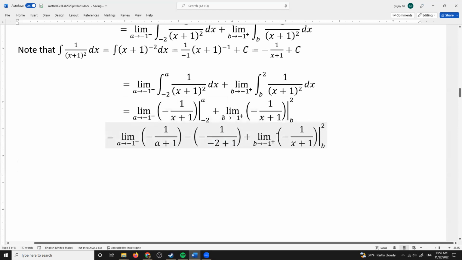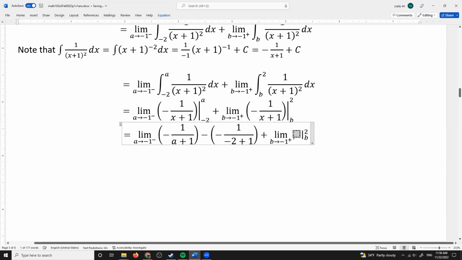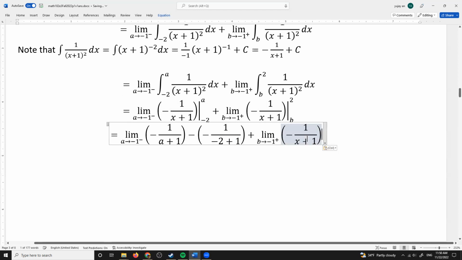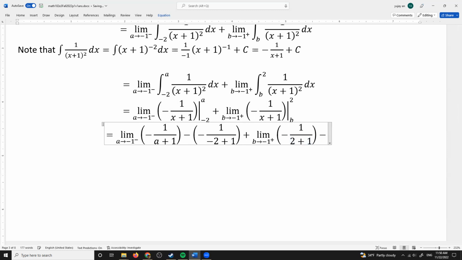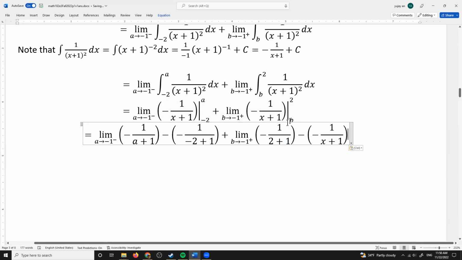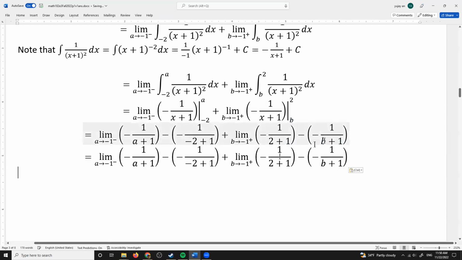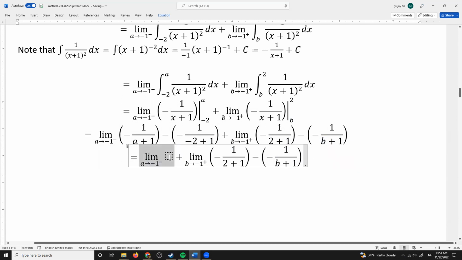Again, this one, 2 has to be plugged in there. So 2 replaces the x, and then minus this, you have to subtract, and b replaces the x. Okay, and then when -1 minus replaces a, let's see what that gives us.